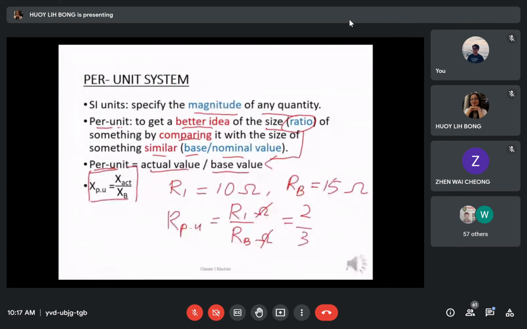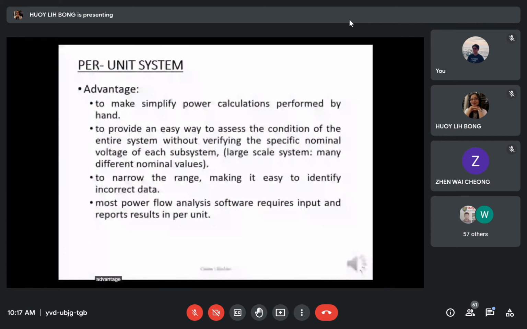Advantages of using per unit system: it simplifies your power calculations. It provides an easier way to assess the conditions of the entire system without verifying the specific nominal voltage or value of each subsystem, especially if you have a very large scale system with many nominal values.